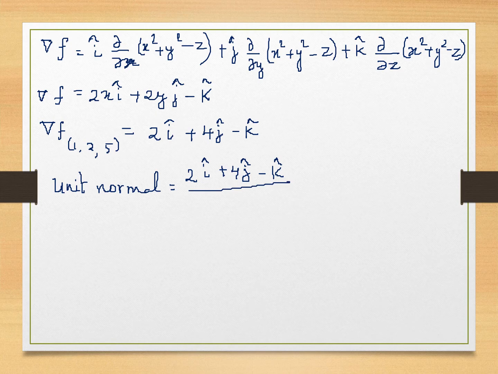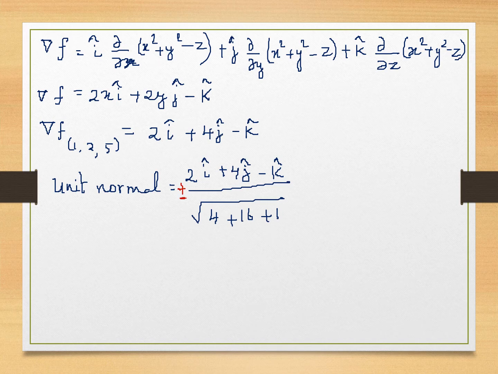The mod will be the root of the sum of the squares of the coefficients of i cap, j cap and k cap. So 2 square is 4, 4 square is 16 and minus 1 square is 1. We will be putting a plus or minus sign before it as it is a unit normal vector.